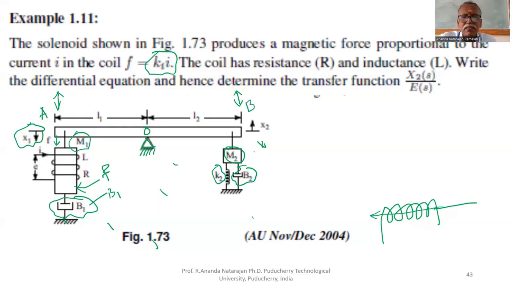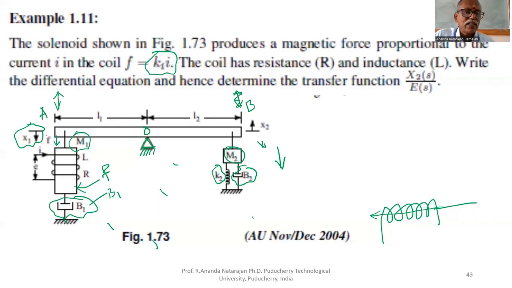At this end B, if A comes down, B will go up. Therefore, the forces developed by M2, K2, B2 are downward, because x2 is upward.